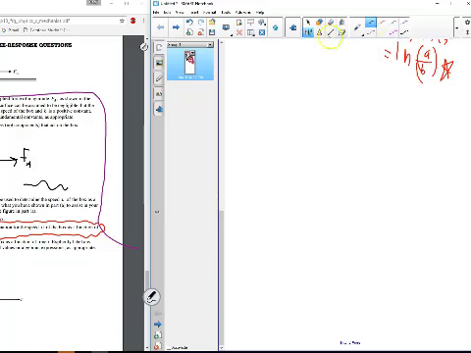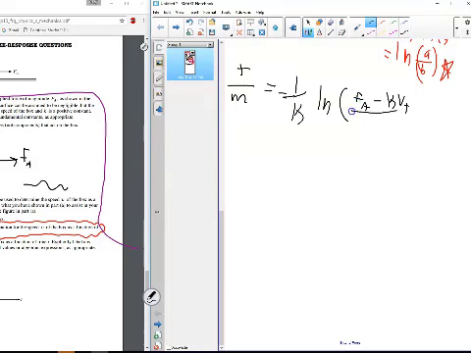Left with t over m, my bad, is equal to negative 1 over k, the ln of f sub a minus k vt all over f sub a. Alright, that seems to be it.